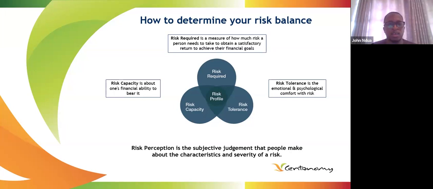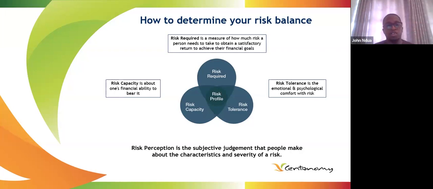The second one is risk capacity, which basically speaks about your financial ability to bear risk. I'll give two scenarios. Scenario one, an individual who earns 50,000 shillings and spends 40,000 shillings on his monthly upkeep.